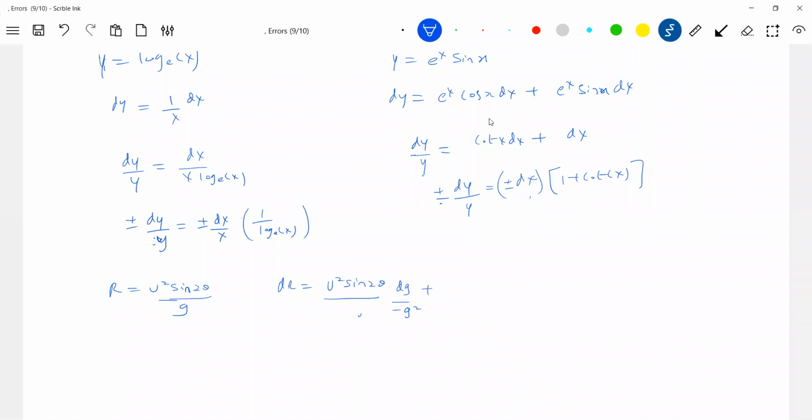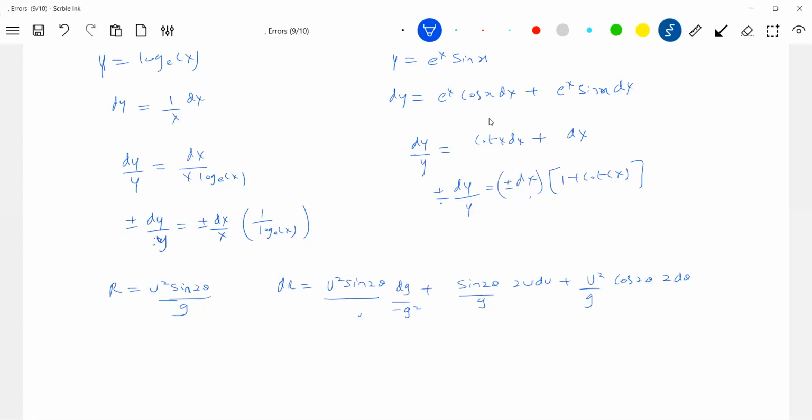Plus now I'll keep u square by g sine 2 theta as it is and differentiate: this will be 2u du. Then u square by g times cos 2 theta times 2 d theta.